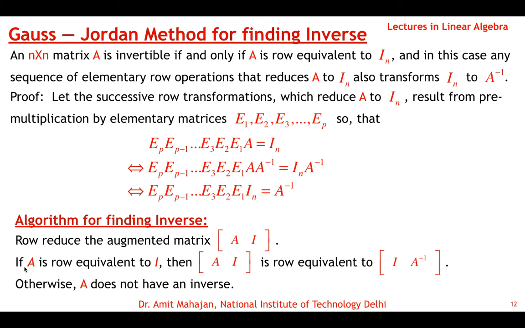So if A is row equivalent to identity, then as soon as A is converted into identity in this augmented matrix, the identity is converted into A inverse, and we will get A inverse from there. And in case A is not converted into identity, then whatever matrix is obtained here is not A inverse, and in fact A does not have an inverse.